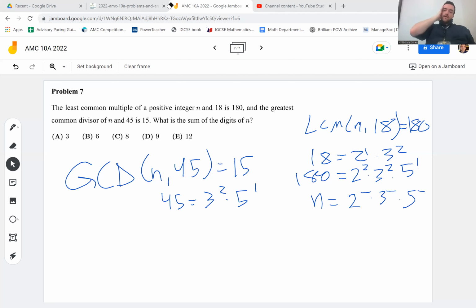Therefore, the highest power of 3 that it could have would be 2, and the highest power of 5 that it can have would be 1, right? And we do need that power of 5 because we need the LCM to have a factor of 5. Therefore, we know the power of 5 for n is 1, right?